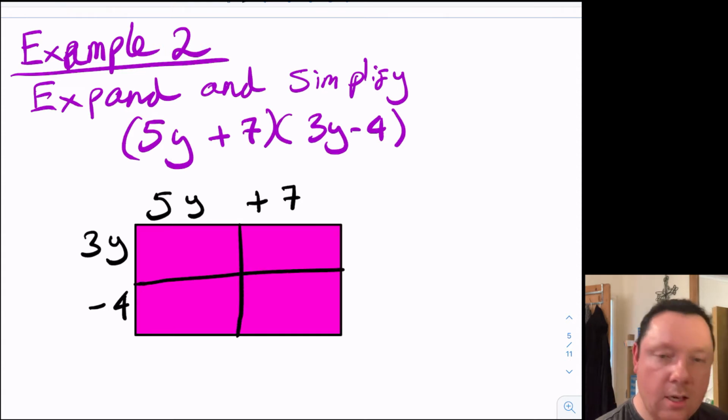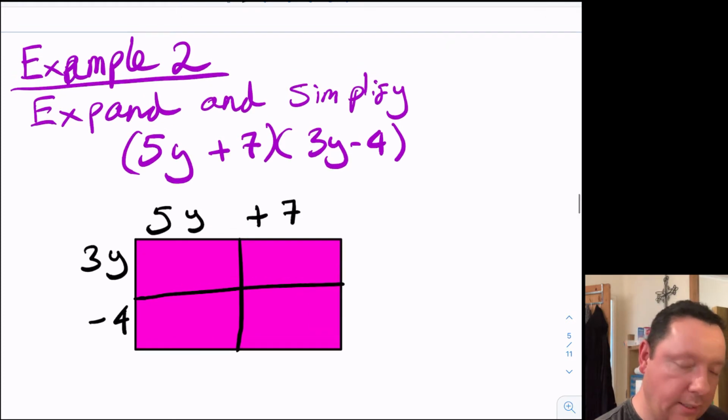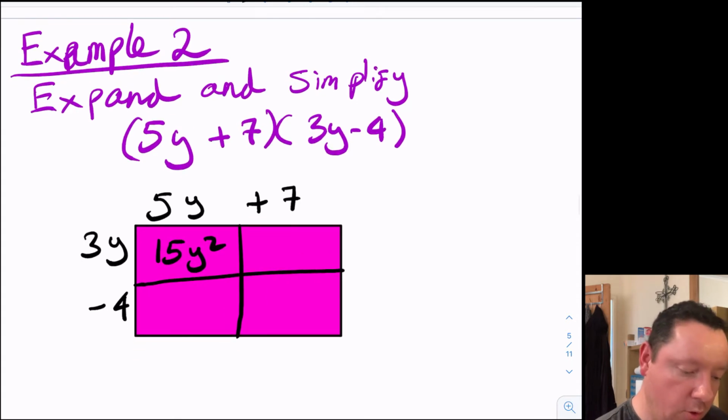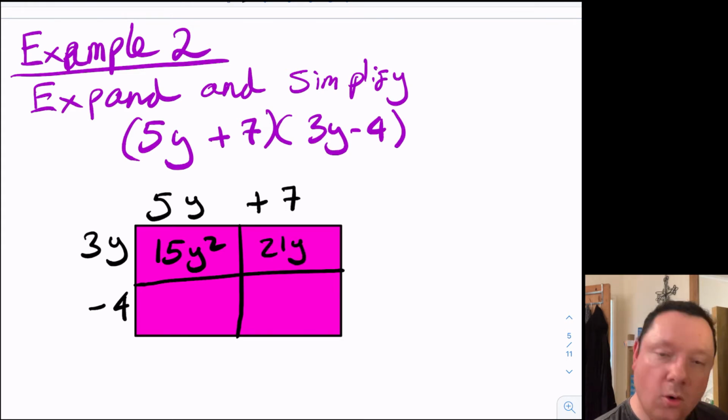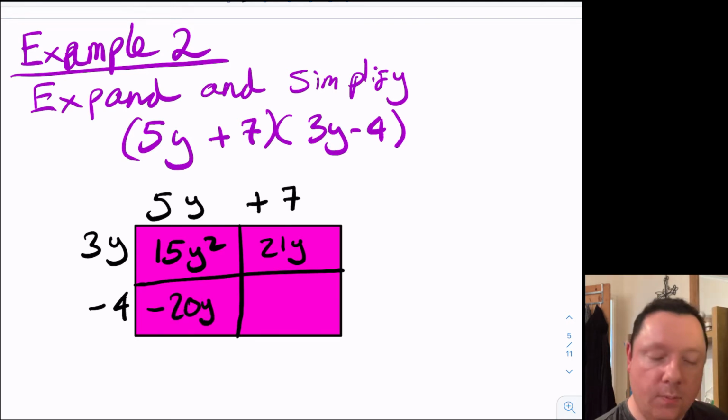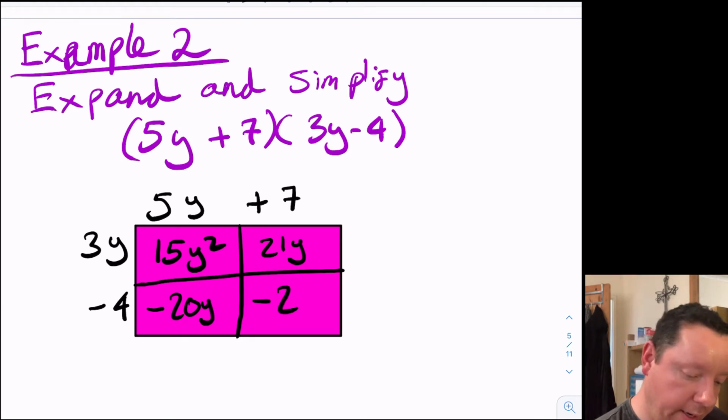So the first one I need to do is 3y times 5y, that's 15y squared. The next one I need to do 3y times 7 is 21y. The next box underneath, minus 4 times 5y, minus 20y. And then the last box, minus 4 times 7 is minus 28.